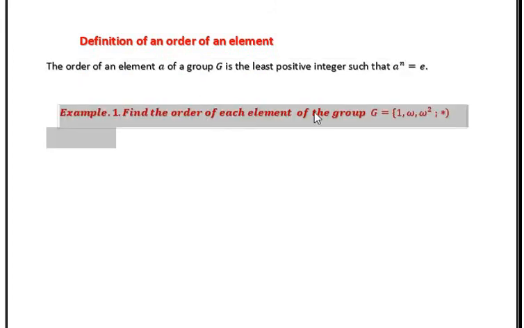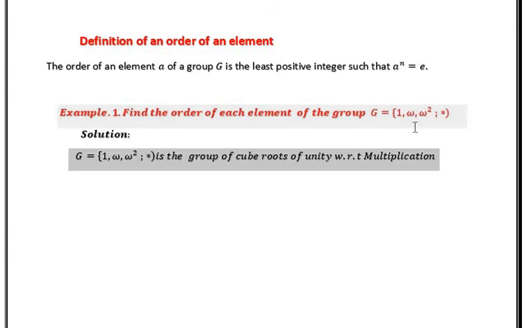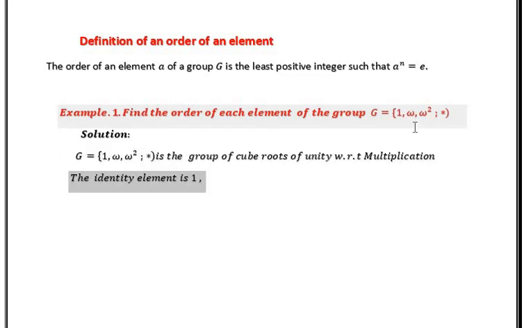Find the order of elements of the group G is equal to 1, omega, omega square with respect to binary operation star, that is with respect to multiplication. Since G is a multiplicative group, its identity is equal to 1. Since its identity is 1, all other elements must be expressed as their integral powers, which is equal to 1.